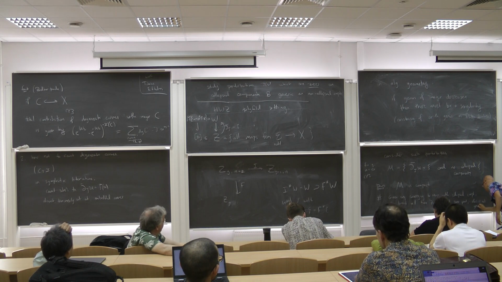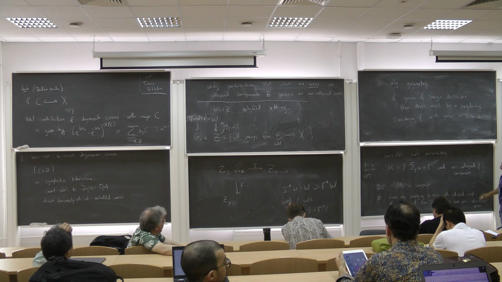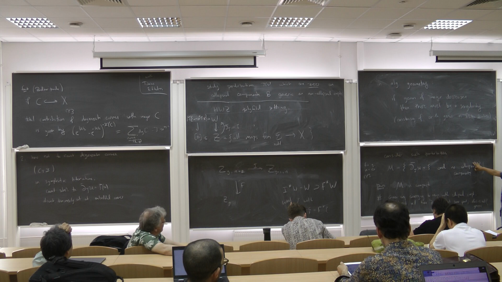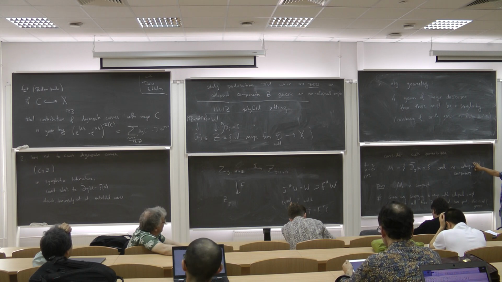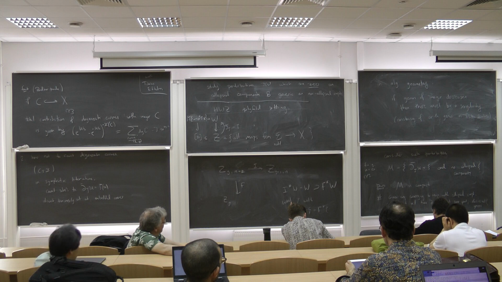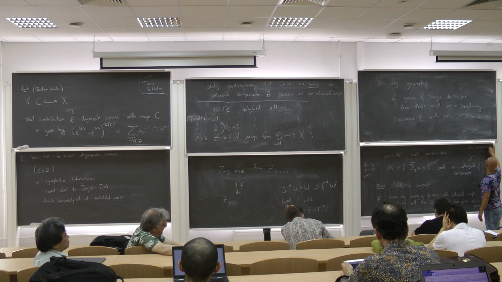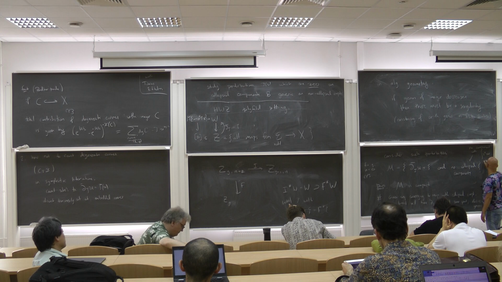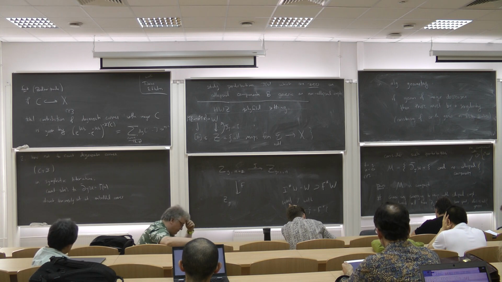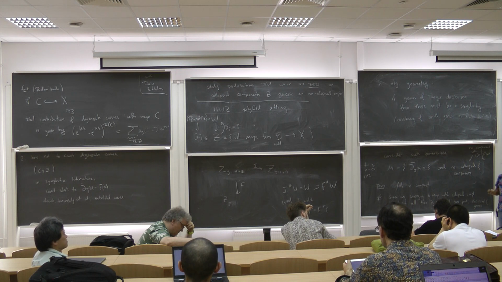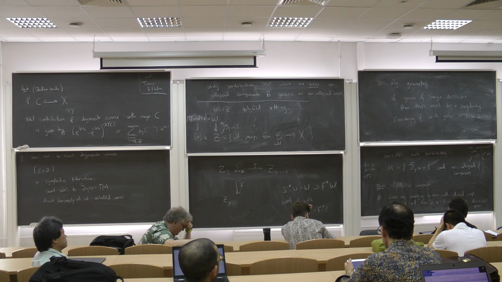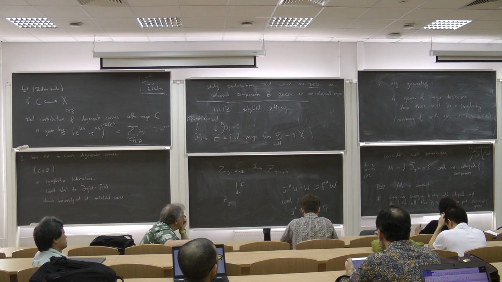Collapsed component means there is some irreducible component which maps to something with 0 symplectic area. Okay, so that's the proof of this proposition. That's why this lemma is a useful lemma to have.